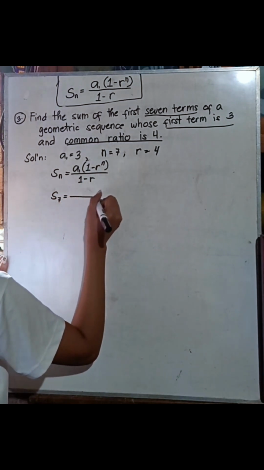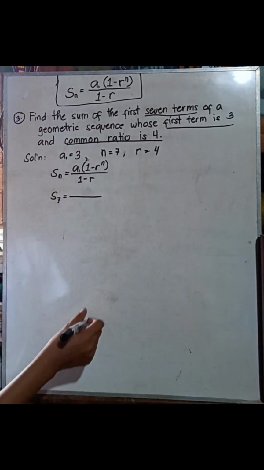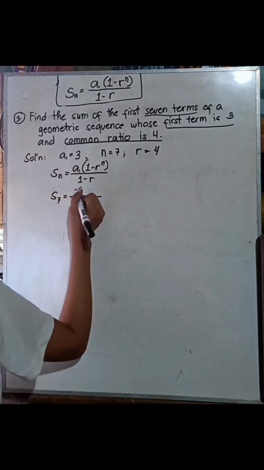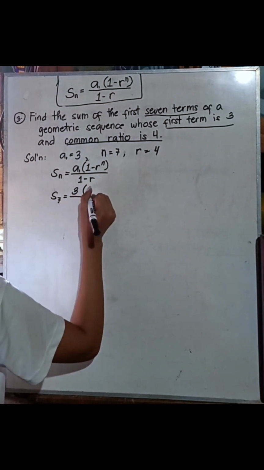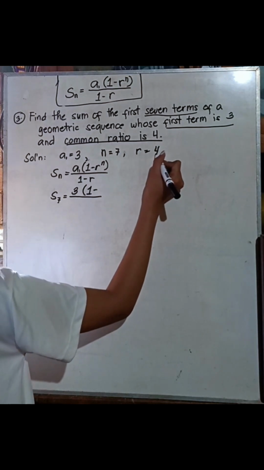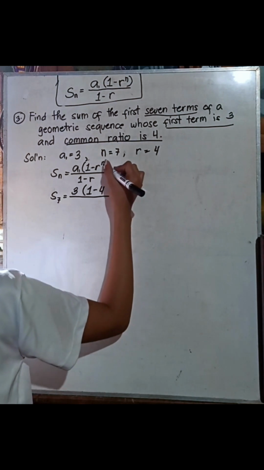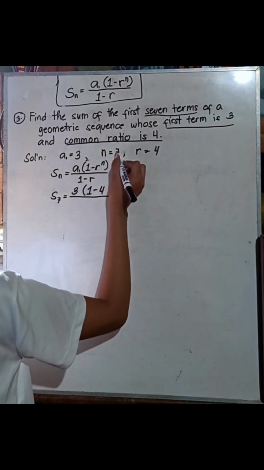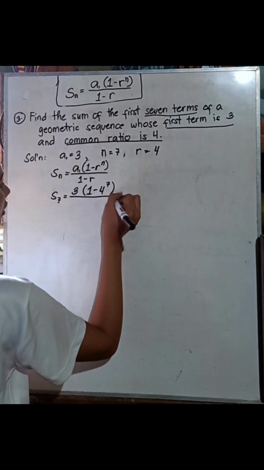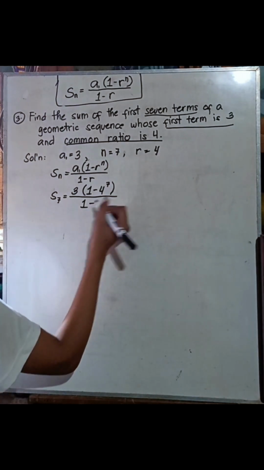First term or A sub 1 is equals to 3. Substitute natin ang 3. Then, copy ang 1 minus r natin. Substitute natin ang 4 sa r. Then, ang ating n is equals to 7 man. So, substitute here ang 7, may exponent 7, over 1 minus r, using this one, 4.